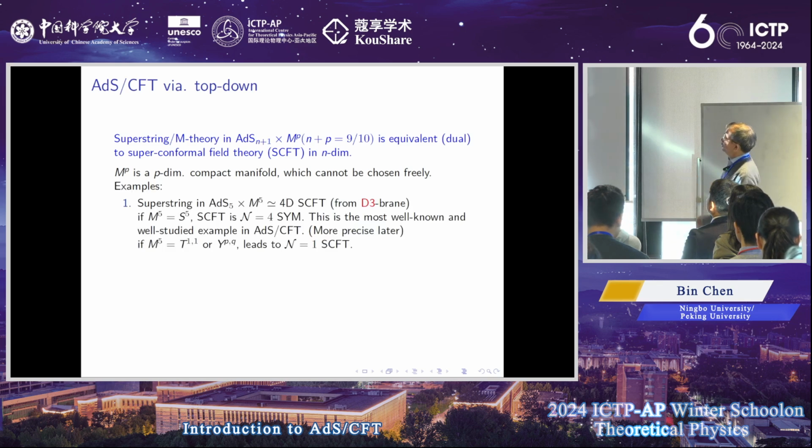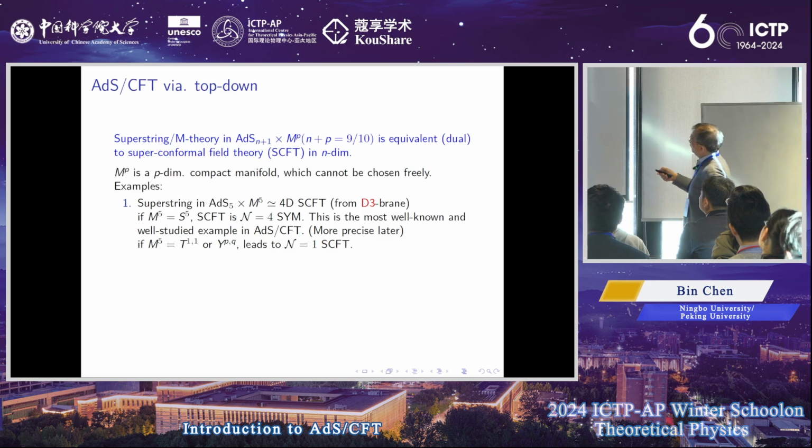Let me give some examples. The most famous one, originally discovered by Juan Maldacena, is the type IIB superstring in AdS5 times S5. Here we take M5, which is more general. Then it should be dual to a 4-dimensional superconformal field theory, usually a Yang-Mills theory plus something else.